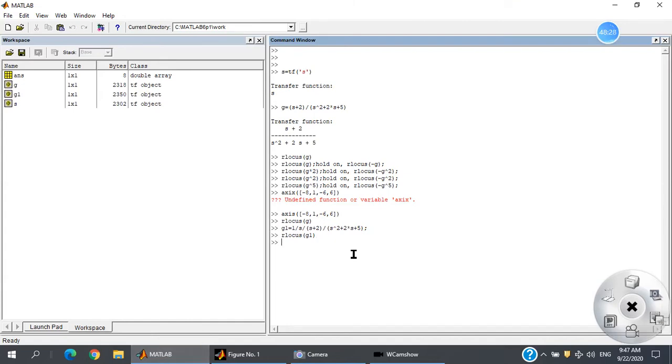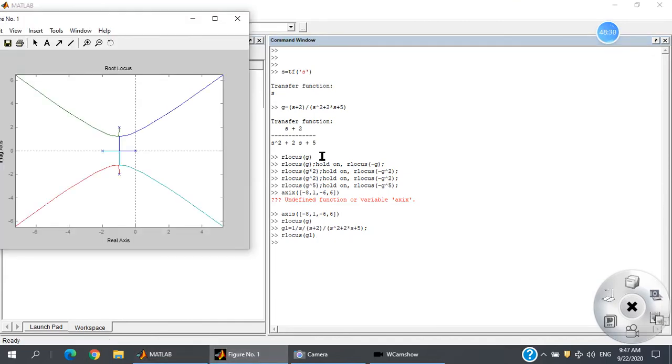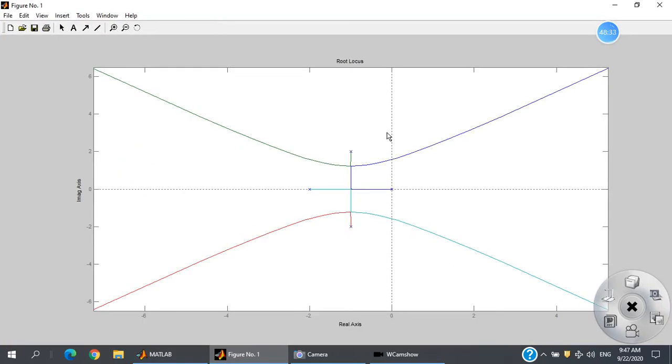We can just look at the computer. What will be the result? You see, 4 directions like this. We start from these 2 poles, go into the middle point, which is negative 1. Then here is a breakaway point, then coming up or coming down. The upper branch will touch another pole going down from the top one, and then these two connect together, go together, then separate left and right.